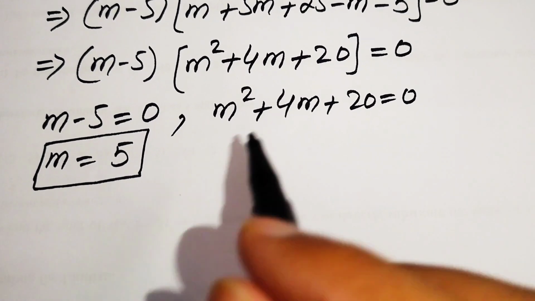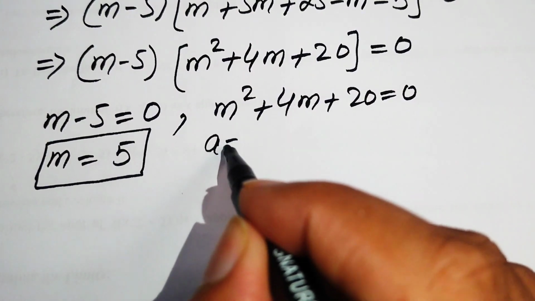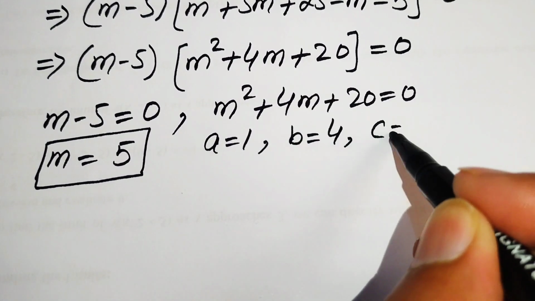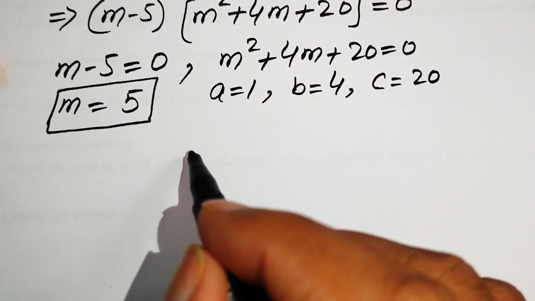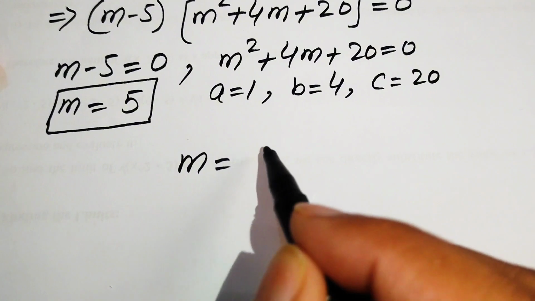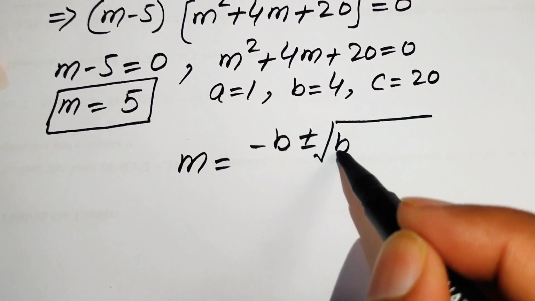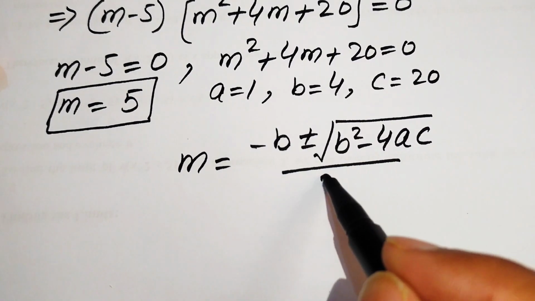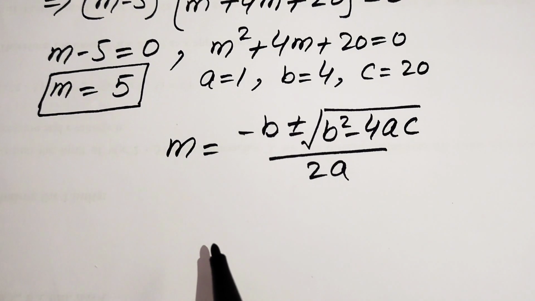Here we use the quadratic formula to solve this equation, and we have a equals 1, b equals 4, and c equals 20. We know that our quadratic formula looks like this: m equals minus b plus minus square root of b squared minus 4ac, divided by 2a.